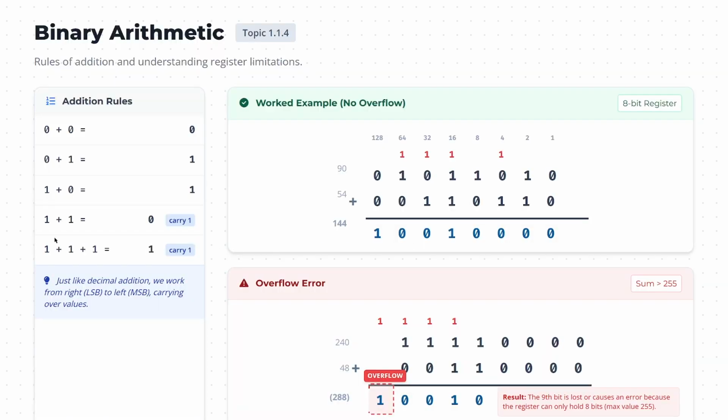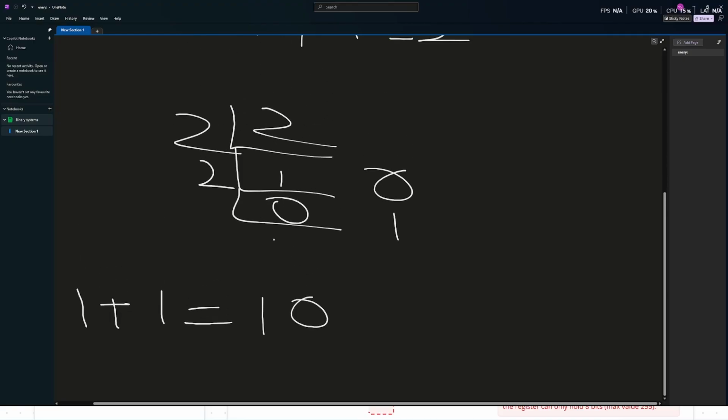Now, if we move ahead a step, 1 plus 1 plus 1, that would be 11. So as we can see here, 1 carry 1, which we can see here in this part of the equation. So 1 plus 1 plus 1 is 11, which follows the same logic.